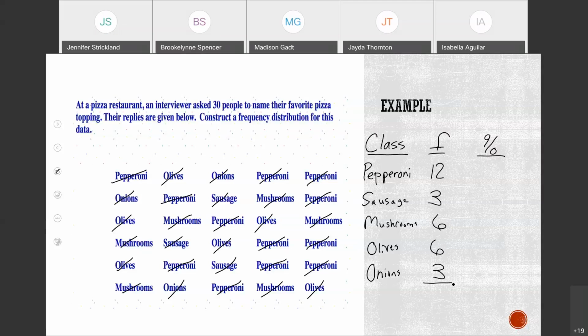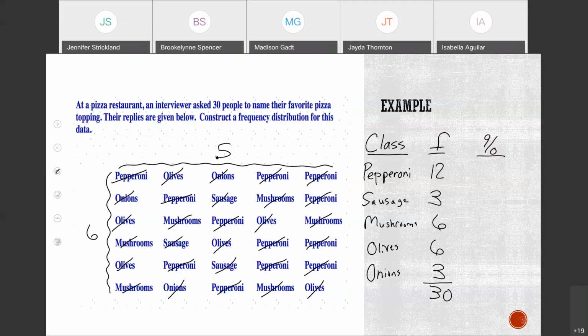If I add those 5 numbers together, that's going to give me 12, 18, 30. And then I can come back over here and check that against my data set. I have 1, 2, 3, 4, 5, 6 going down, and 1, 2, 3, 4, 5 going across. 6 times 5 is 30. That gives me a way to check and make sure that I've got the right number.